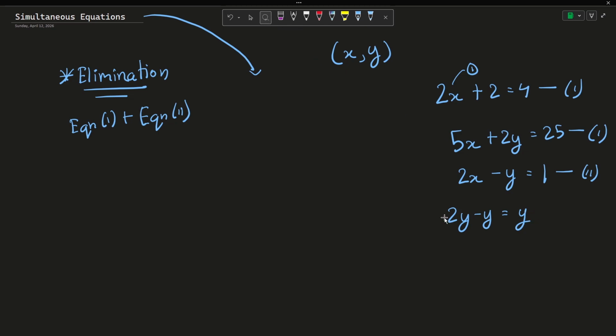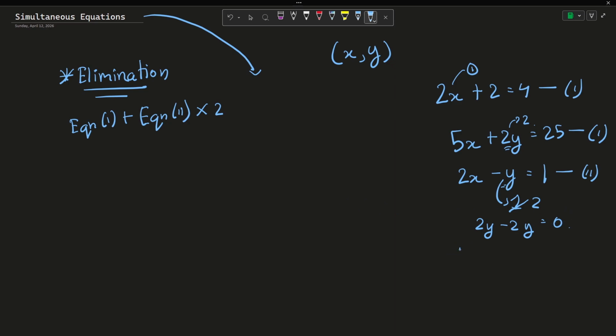To tackle these kinds of cases, we can multiply and try to find the LCM of our coefficients so that they end up with a 0, which means elimination. So right now the coefficient of y in our second equation is 1 and the coefficient of y in our first equation is 2. So if I multiply our equation 2 by 2, we can change the coefficient of y to 2. Now in this case, that is 2y - 2y, that leaves us with 0. That means y can get eliminated.